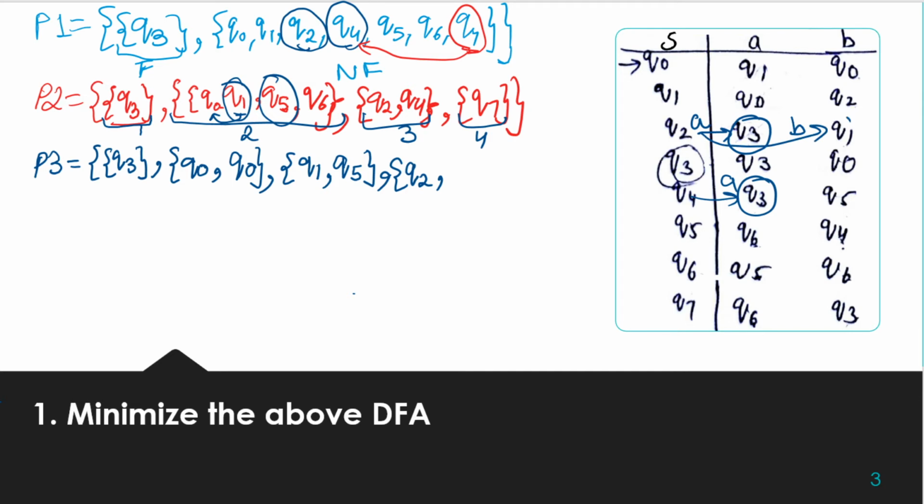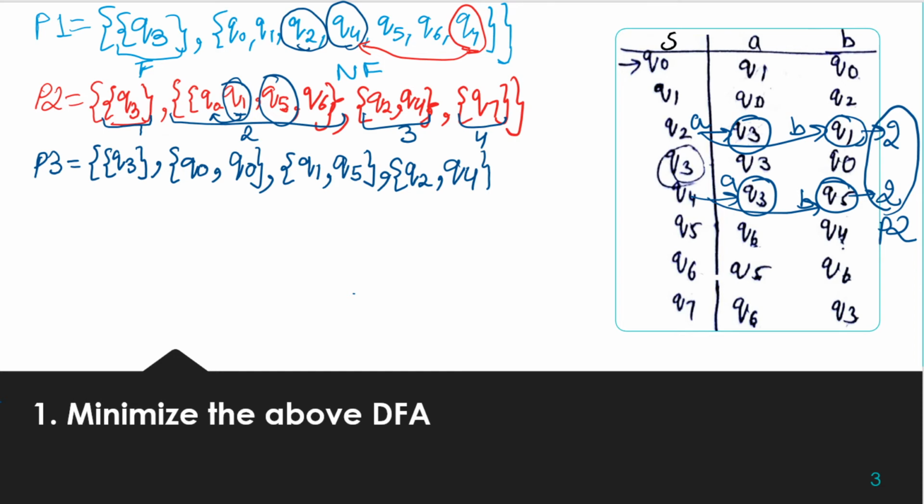For input symbol B, one of the states is moving to state Q1 and Q4 is moving to state Q5. Q1 is part of the second group and Q5 is also part of the second group from the previous partition P2. So we can say that Q2 and Q4 are compatible because they have transition to the same group in the previous partition.